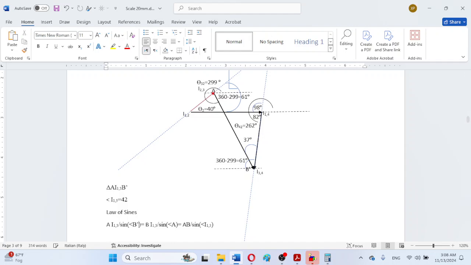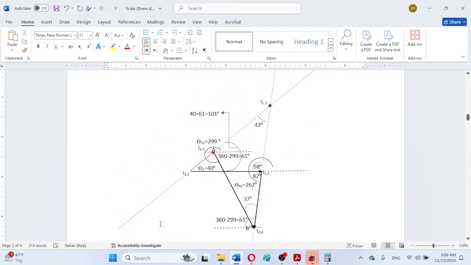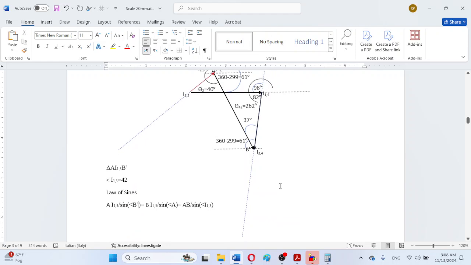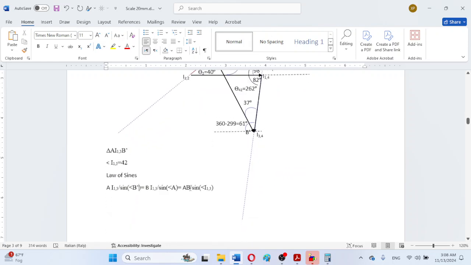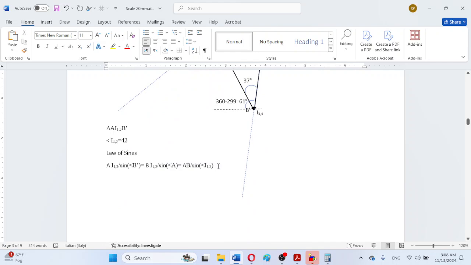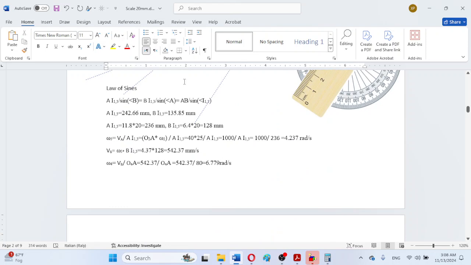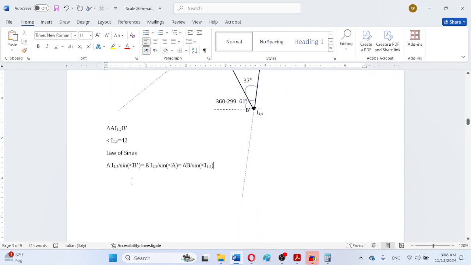In a similar manner, the side B dash I1,3 is related to the sine of the angle A. So using this technique we calculate the side lengths analytically.